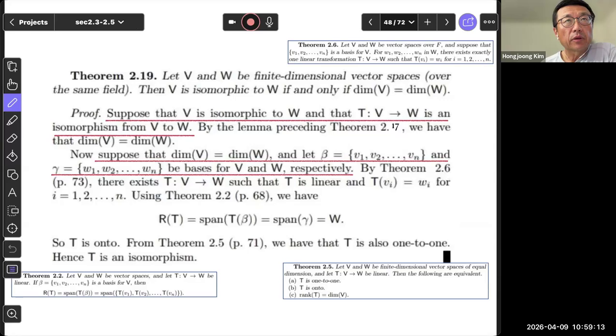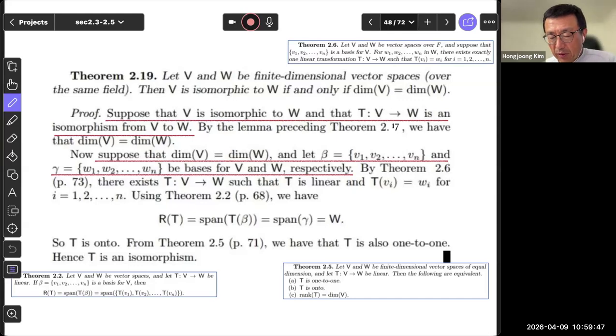Now, theorem 2.19: if V and W are finite dimensional vector spaces, and if V is isomorphic to W, then these two spaces, V and W, must have the same dimensions. This will be trivial, right? If they have different dimensions, then it cannot be 1 to 1 or it cannot be onto. One of these two properties cannot be satisfied.